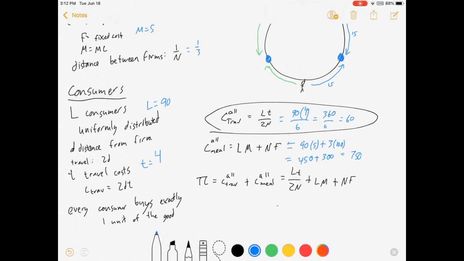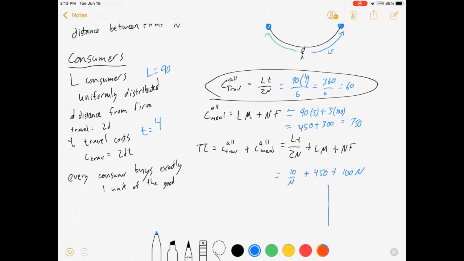Now, in this specific example, that comes out to be 10 over N plus 450 plus 100N.